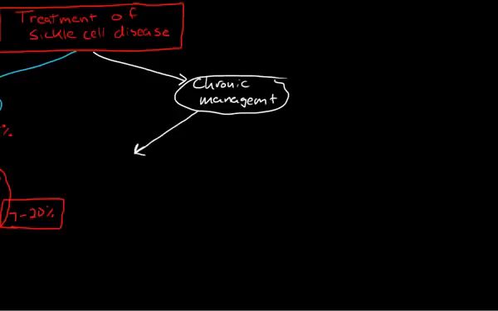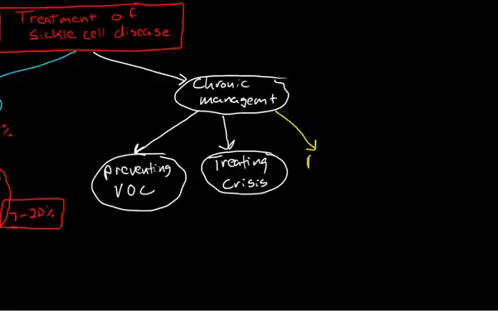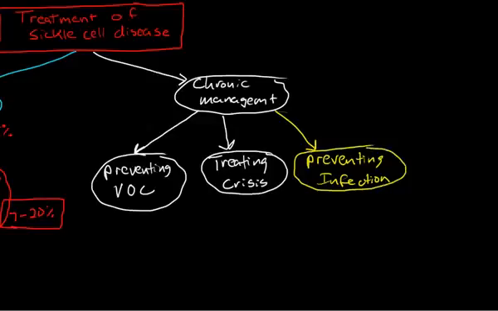Chronic management involves preventing vaso-occlusive crises, treating these crises when they occur, and preventing infection. Infection is actually the number one cause of mortality in sickle cell patients, so this is very important.